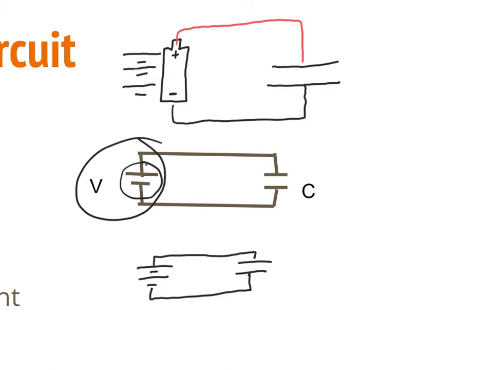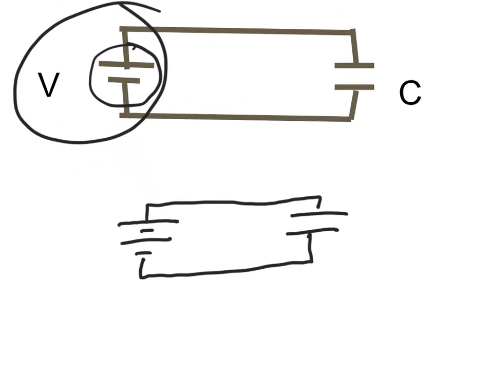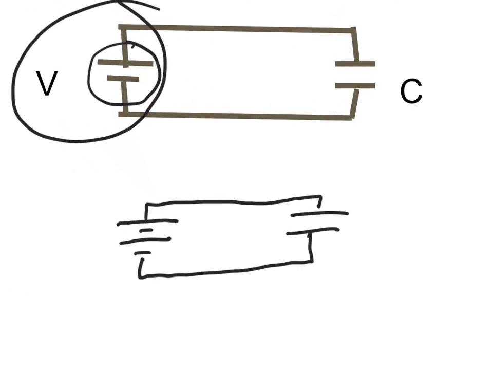And I can know a lot about the voltage across each of these. For one, we know that the wire is made out of some conductor, like copper. When you have copper, we can say that the electric field inside of a conductor is going to be 0.